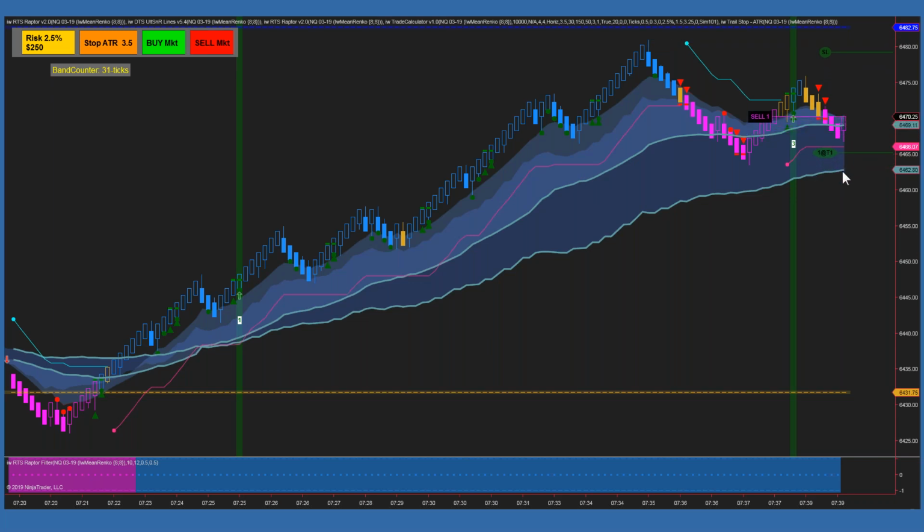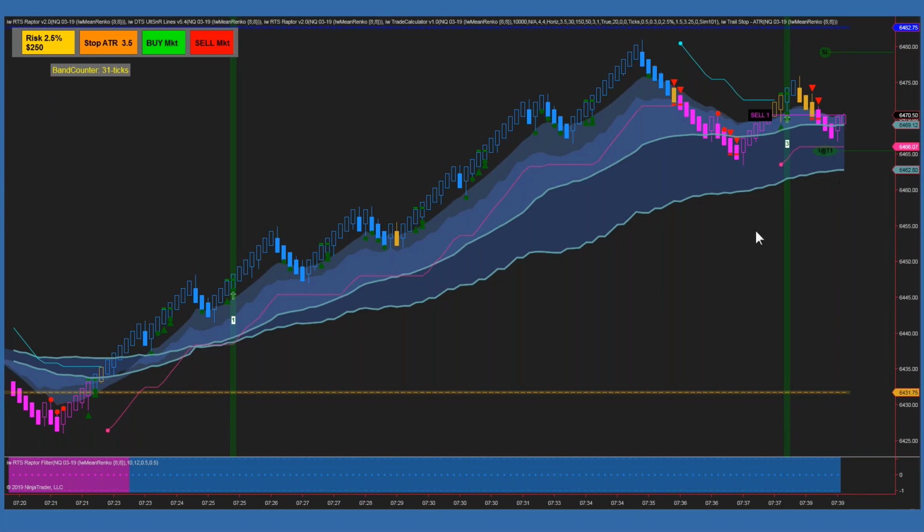I could have extended my profit target here toward the hard edge of the trading band, which is where the market should go. But a quick little hit and run. Look for, like I said, the market to continue now toward the hard edge.